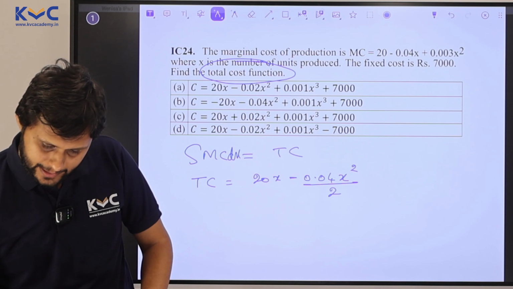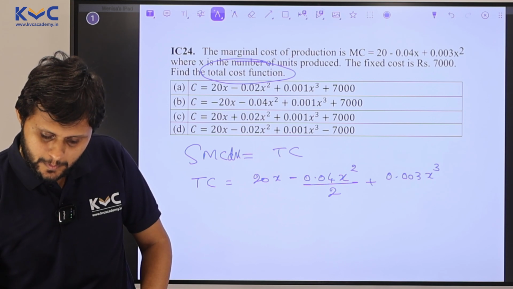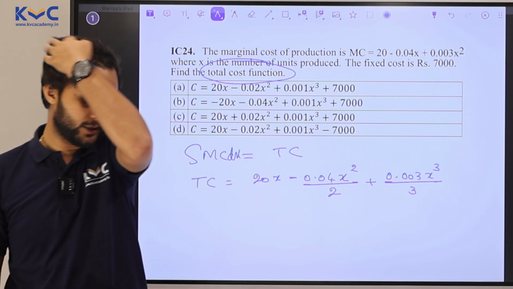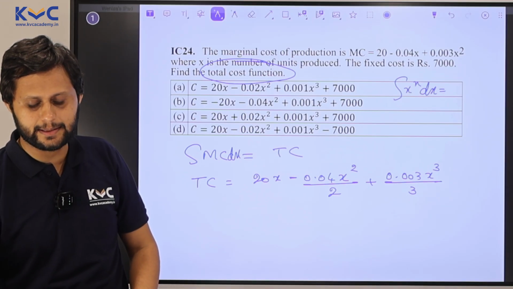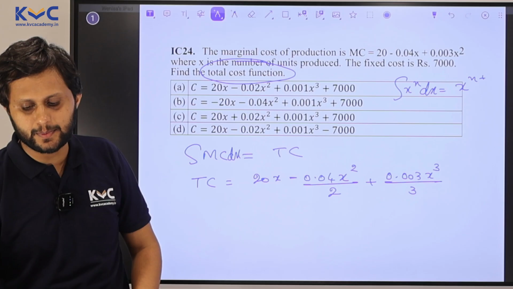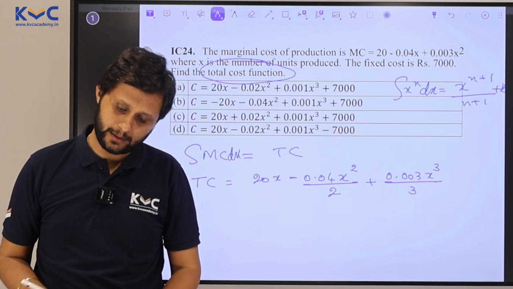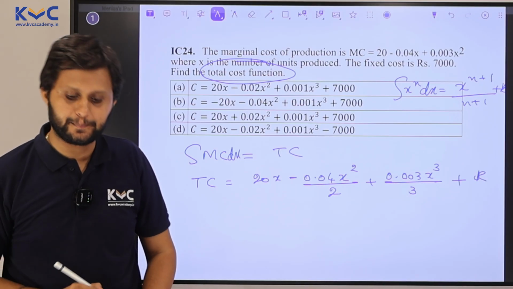Correct? Plus integration of x square is x cube by 3, because it is of the form x to the power n. Integration of x to the power n with respect to x is given by x to the power n plus 1 by n plus 1, definitely plus k. K is for constant. Fine. So here also I need to write the constant, plus k.